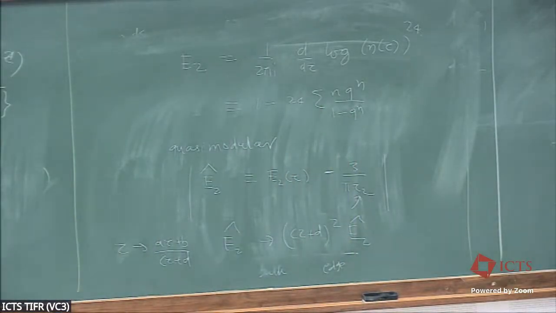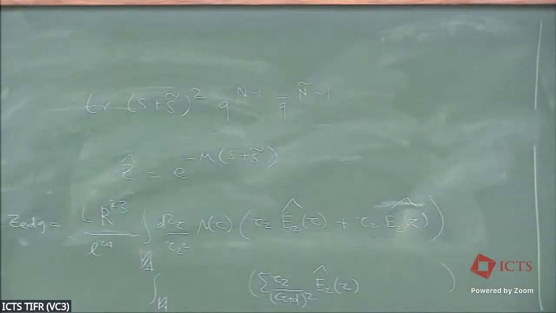So using that property, there is that constant piece that I'm explaining: if you replace this E2 by E2 hat, you are left with a constant piece, which by itself is not modular. Lambda tau is our original expression.